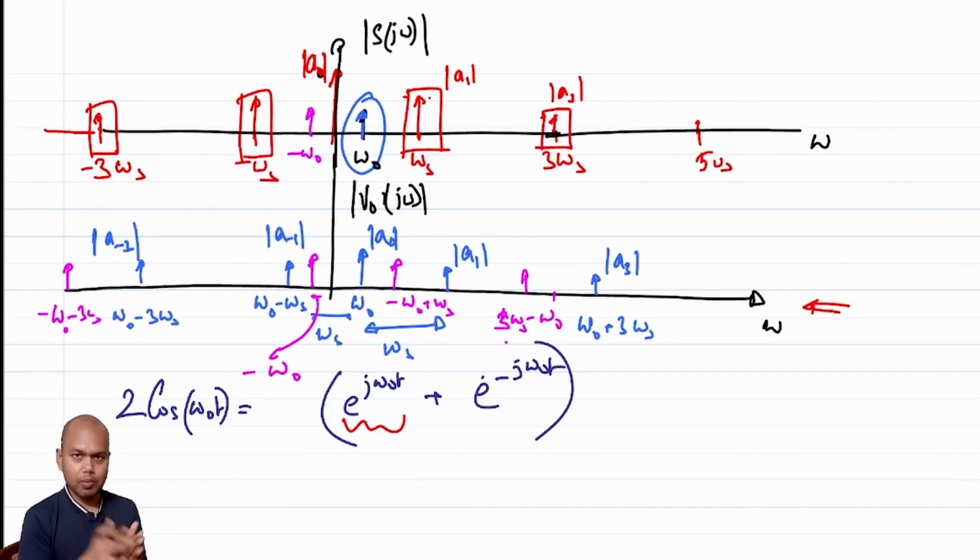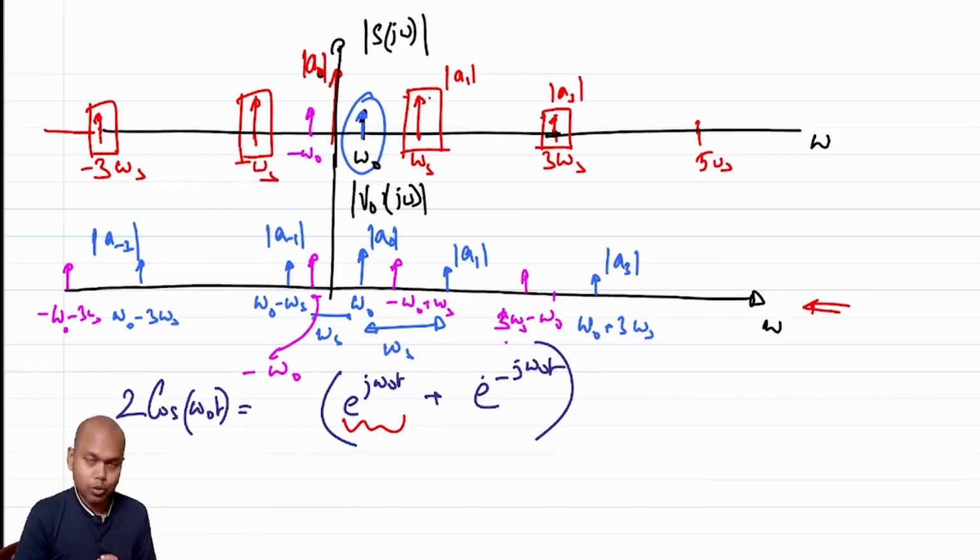Similarly, 3 omega s plus omega naught and 3 omega s minus omega naught, right? And you have a tone at 0 for s of t. So 0 plus omega naught and 0 minus omega naught, that is also visible. So what will be the final output? Final output essentially will be summation of all the tones, and whatever you get is the final output, right?